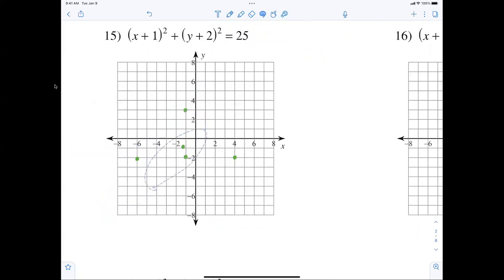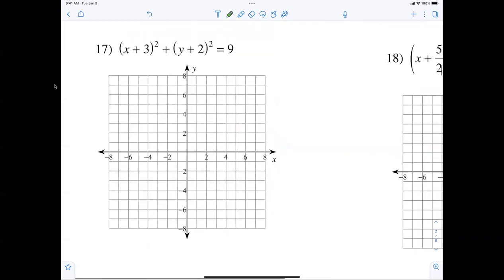And down 5. And then from there, draw your circle. All right, anybody have any issues? All right, let's continue on.